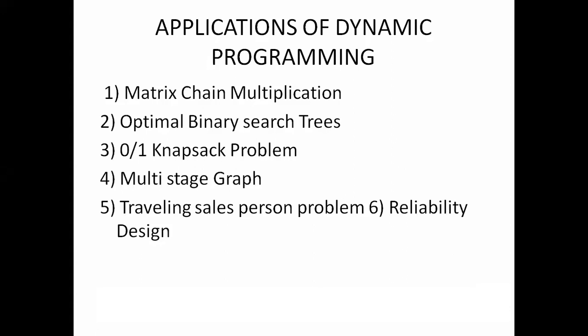Okay, so in our syllabus we have optimal binary search tree, 0/1 knapsack problem, traveling salesman problem, and reliability design. Okay, these are the applications. So in the next class, let's see one by one how the optimal binary search tree works depending on the dynamic programming concept. Okay.